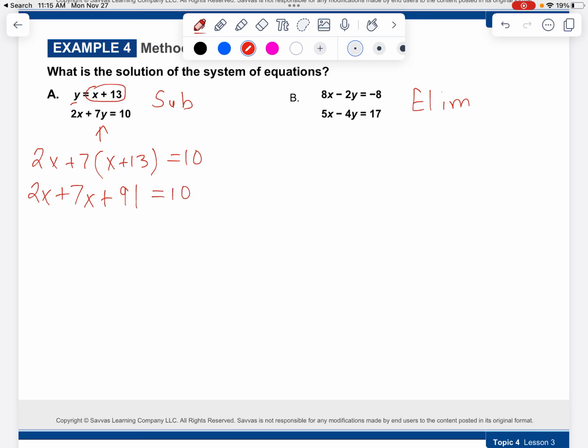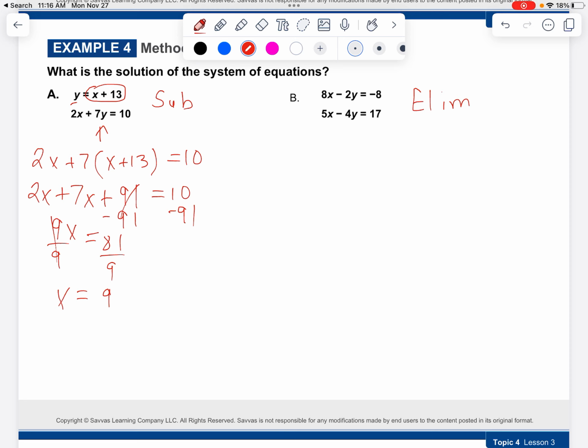2x and 7x is 9x. Bring your 91 to the other side of the equation so that it cancels, and 9x is going to equal 81. When we divide by 9, we end up with an x of 9.